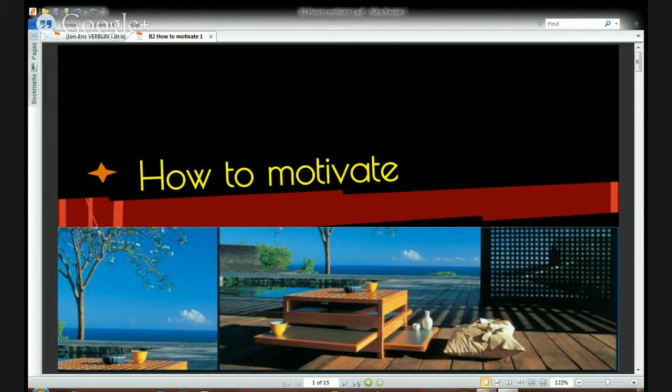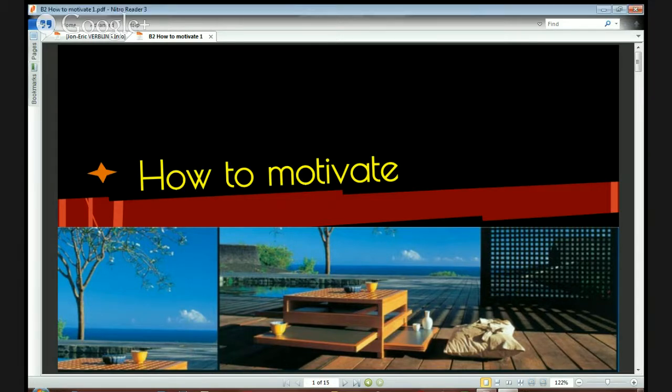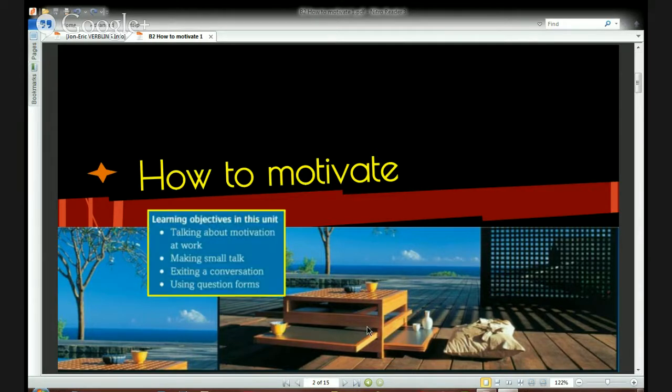All right, very good. So we're going to move forward. Let me just point out the objectives. This unit, we're talking about motivation at work. When do you talk about motivation at work? Well, usually when you're not working, when you're socializing. So we're going to add the skill of small talk, a second objective.